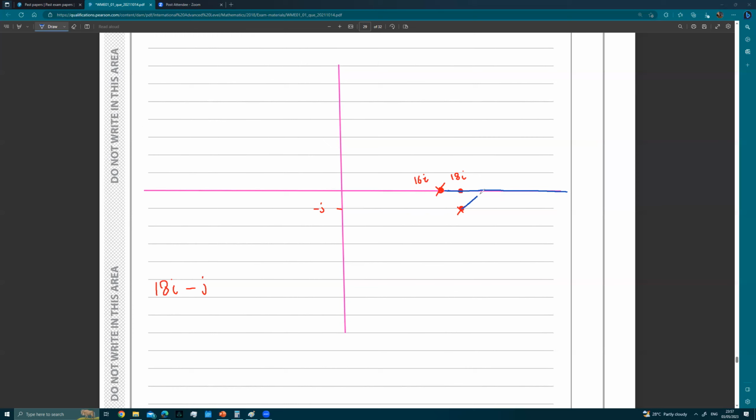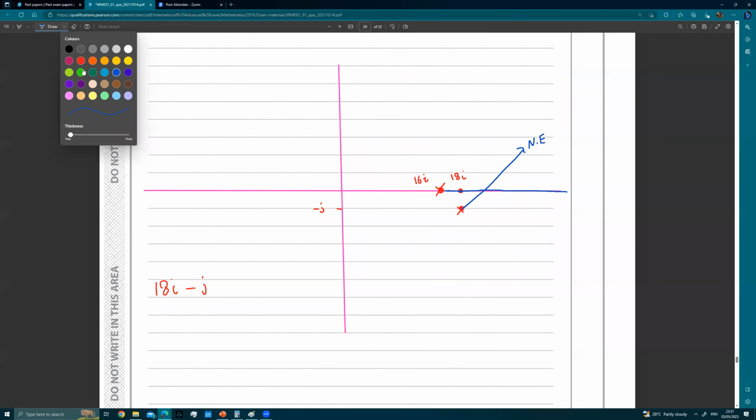So it's somewhere around here, right? This is northeast. So therefore, we could conclude that the lighthouse would be the point of intersection, right? This is where the lighthouse is, because this is the point where it's northeast at 18i minus j, and it's exactly east at 16i. So now we could say that this is the, so let me use a different color.